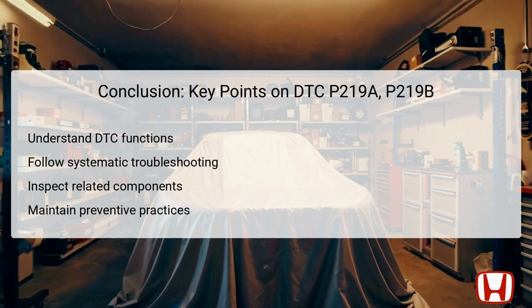Monitoring the related components, such as AF sensors, fuel injectors, and even maintaining correct engine compression are crucial to resolving the issues effectively. Additional insights gained through OBD status checks can significantly aid diagnostics.